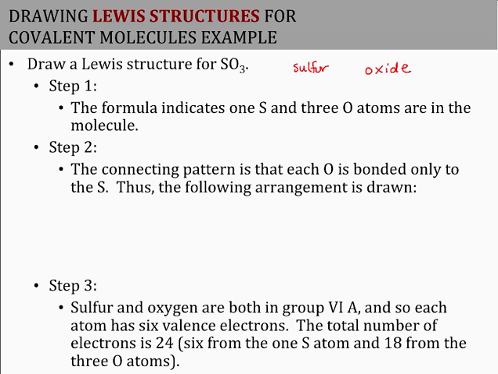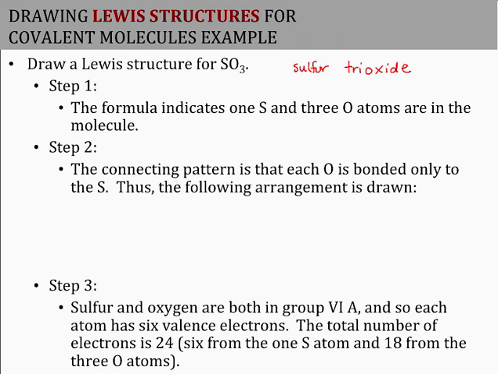So we have oxide, and then we also want to add a prefix to our nonmetals if there's more than one. So for oxide, there are 3, so it would be trioxide. Now we don't add a prefix to sulfur because it's by itself and it's the first nonmetal.